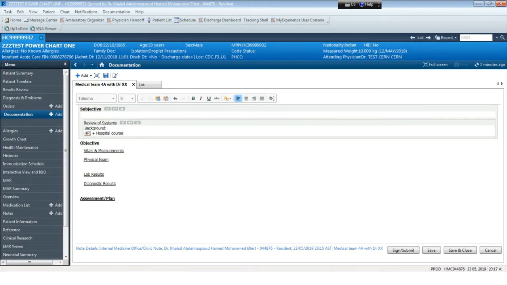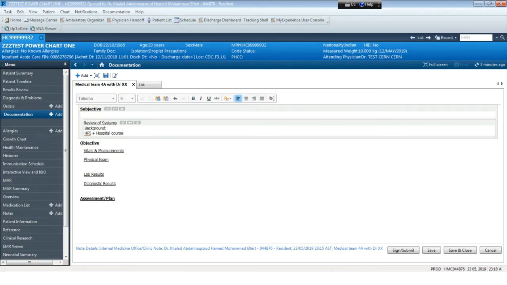Secondly, if you are handing over this patient because you will go to another rotation and another resident will take over, you are making his life very difficult if you did not write the hospital course. Some residents will just write the admission information in the progress note, and the patient is in the hospital for like 2 weeks, and nobody mentioned what happened during these 2 weeks.